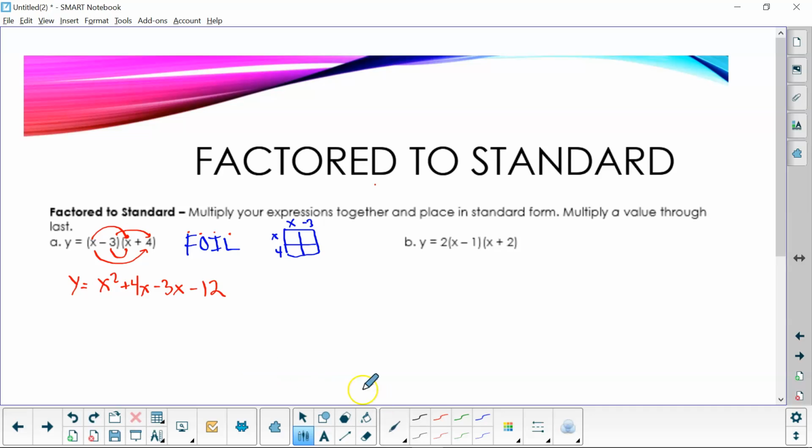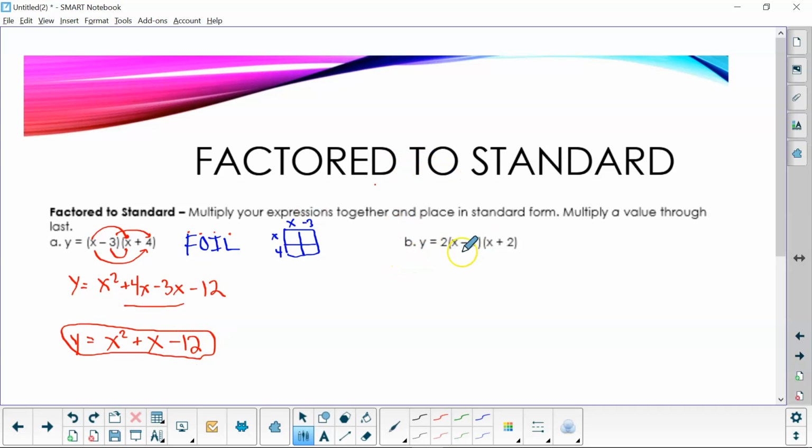Now one thing you've got to be sharp and catch is right here I can combine these two terms because they're like terms, and I come out with y equals x squared. A positive 4x and a negative 3x comes out to be just 1x, but I'm not going to write the 1 in front of it. I'm just going to leave it as x, and I end up with negative 12. So this is my final answer, factored to standard.